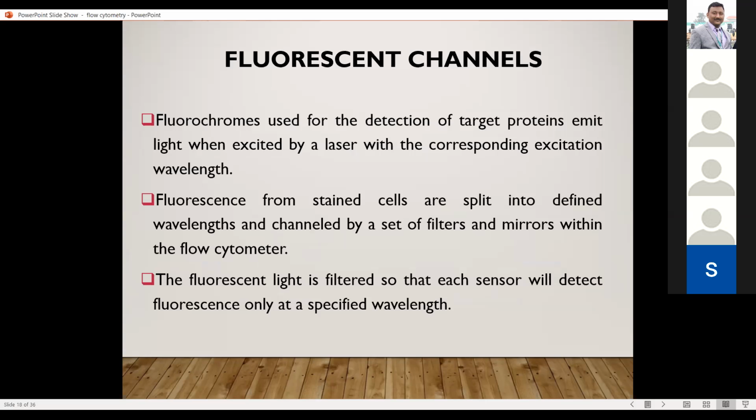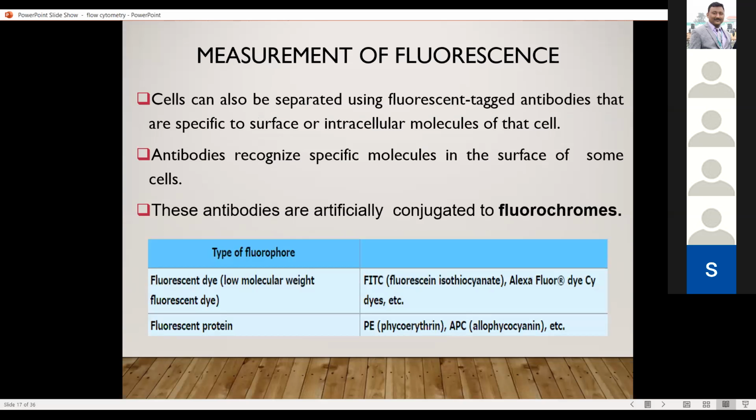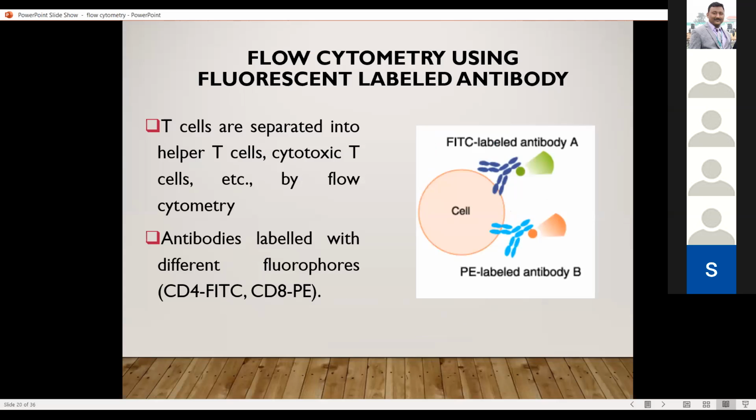As I also defined previously, PE is phycoerythrin. So we have labeled these two antibodies with two different fluorochromes. One is FITC, fluorescein isothiocyanate, and another one is PE, that is phycoerythrin. Now on the basis of these two fluorochrome molecules, we will be able to differentiate the T cells.